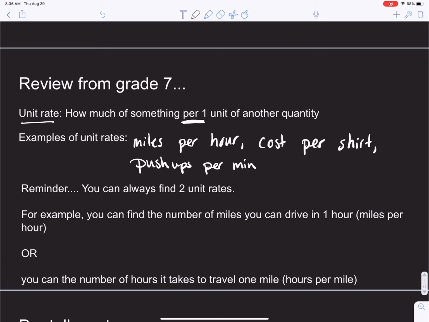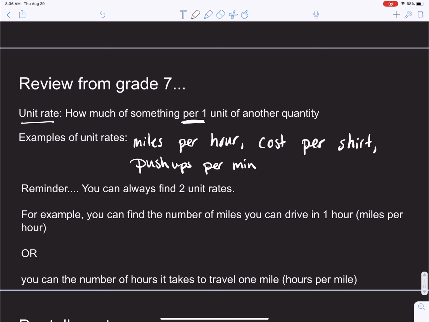maybe it would be helpful for me to look at the number of hours it would take for 1 mile if I were traveling. Sometimes if I were running, maybe I want to know how many kilometers per hour, or maybe I want to know how long it's going to take me to run a kilometer.